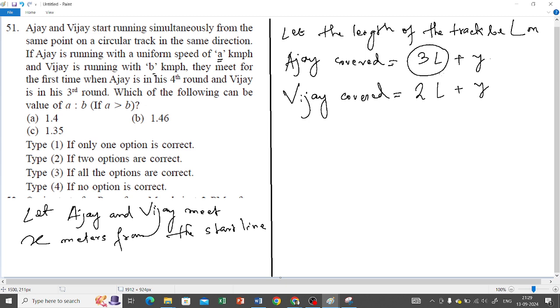Now they have met each other after covering this and this distance. That means, what? Meeting point means they have taken the same time to cover that distance. That is the meaning of meeting point. So that means (3L plus Y) divided by A km per hour is equal to (2L plus Y) divided by B km per hour.